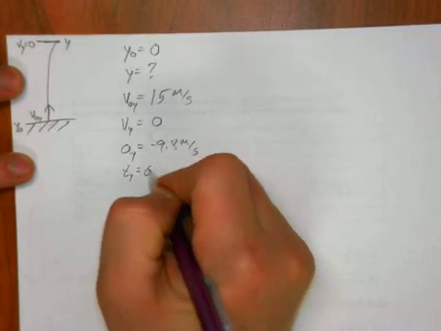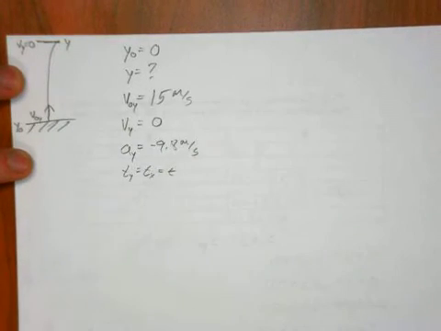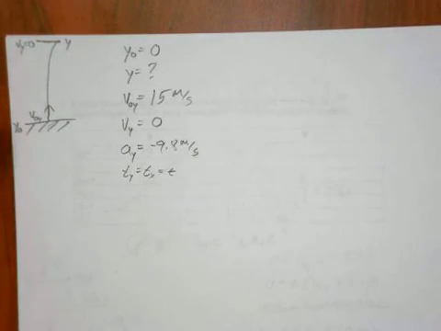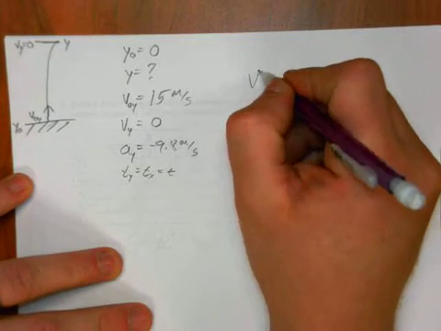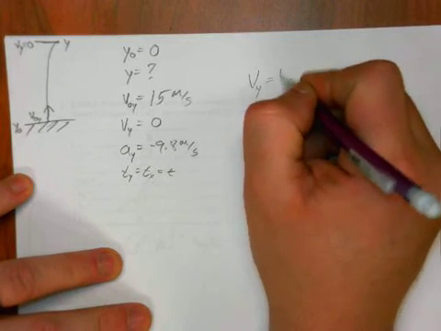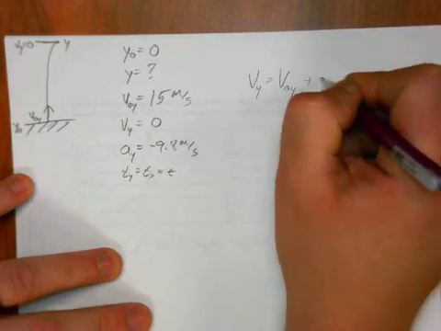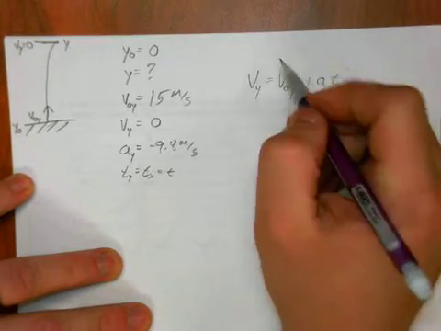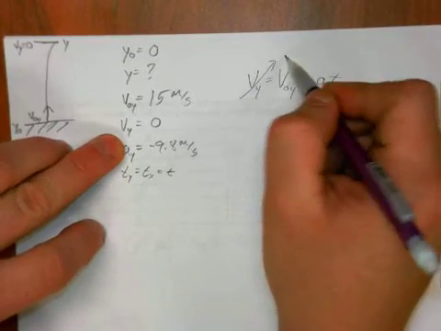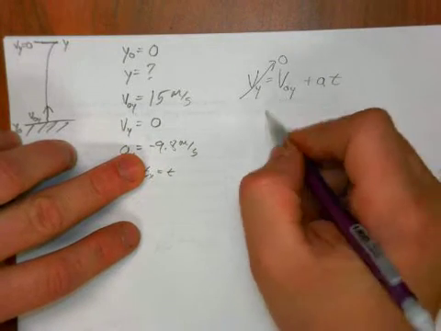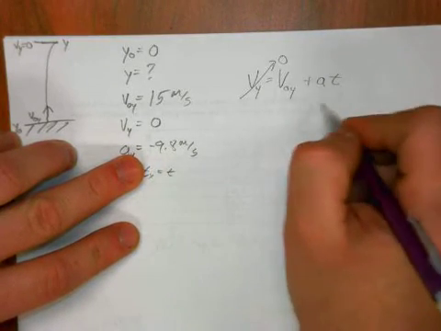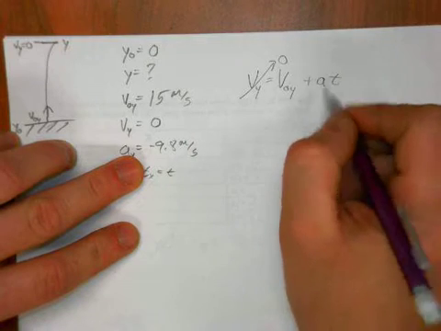Ty equals tx equals t. At this point we can just go to the simplest equation. Vy equals v0y plus at, and now we know this equals 0. We have v0y, we just need to solve for t.